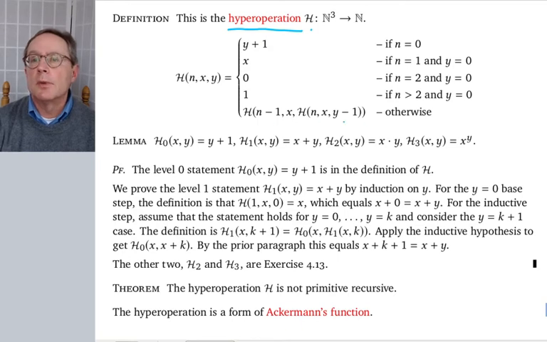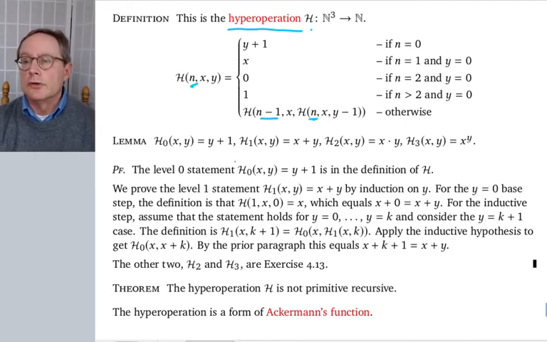This line here is perfectly clear what to do. To get the level n H, you take the level n minus 1 H, x, and the level n H. To get the level n H, for example, the level 3 H, you would take H of 2, comma, x, comma, H of 2, comma.